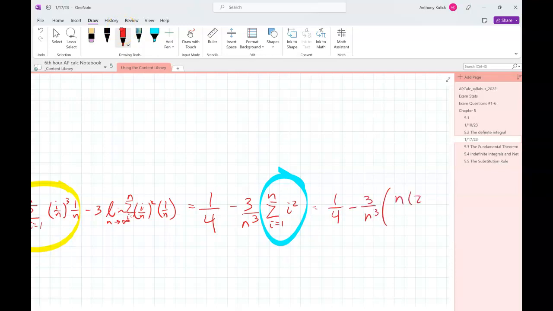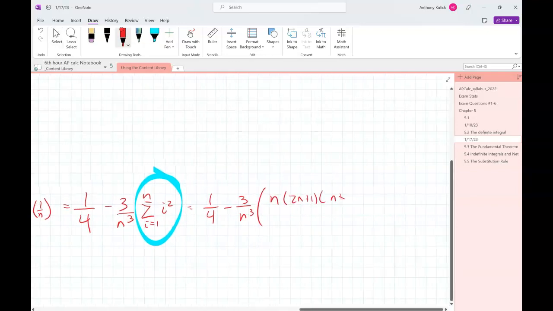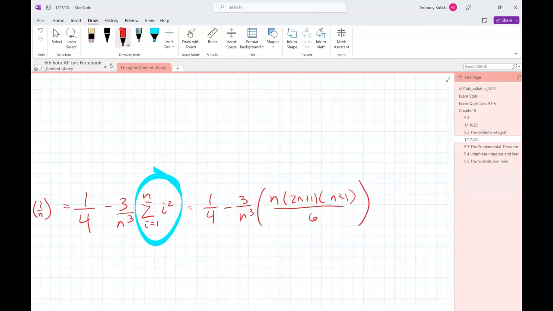If I went back through the chapter, I have that as the sum of i squared. That was a formula that would have been given to you. If I foiled this stuff out, oh boy, what did I forget here, Mr. Kulik?